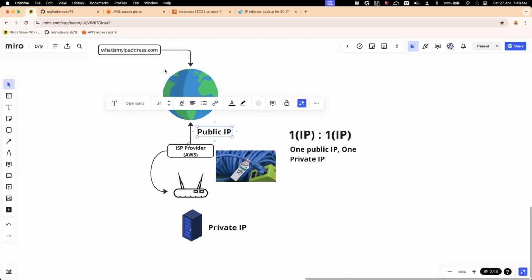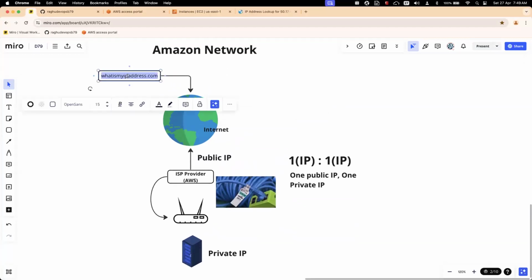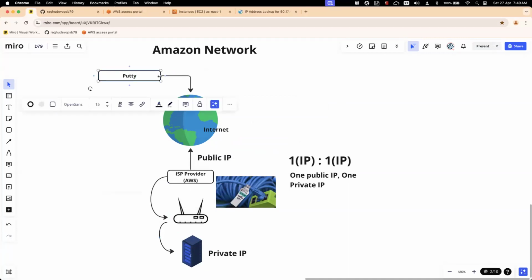So for the outside world, anyone who is communicating, let's say your PuTTY, by the way. Someone who is trying to access your server, how are they allowed over the internet?